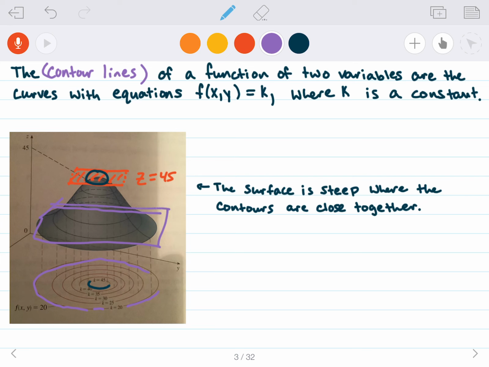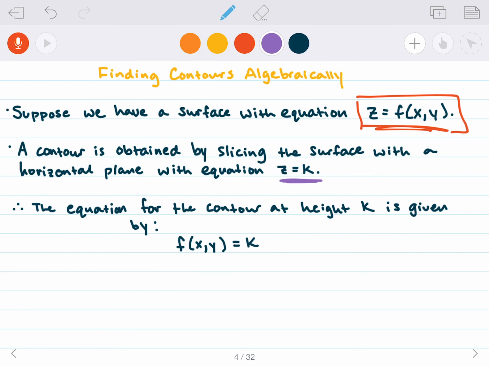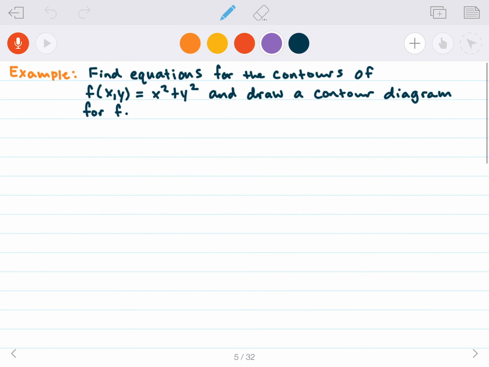I apologize for my drawings not being the most beautiful, but hopefully you can see how slicing a bell-shaped object with a plane is going to create an imprint in 2D. It's going to create a circle like this.